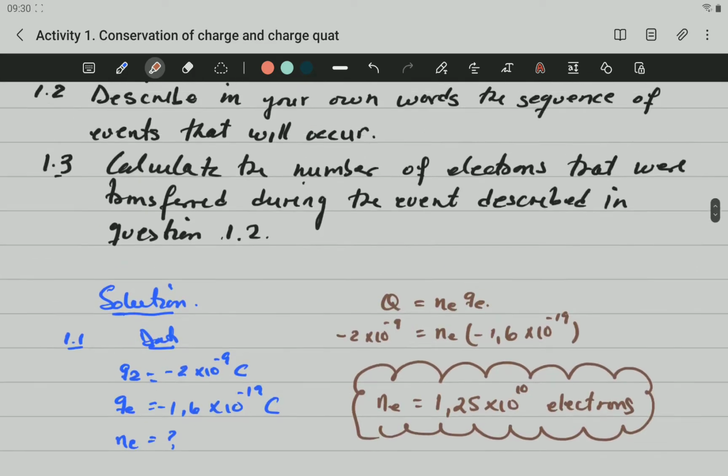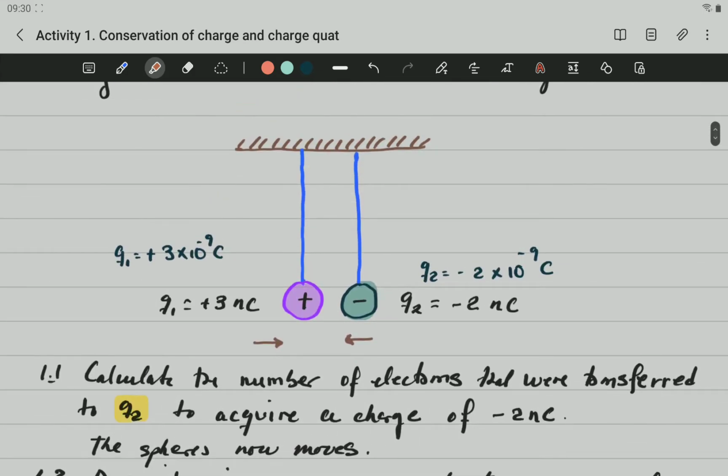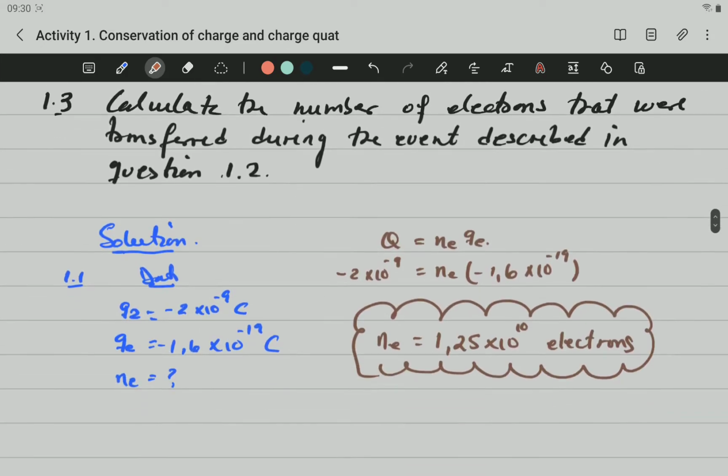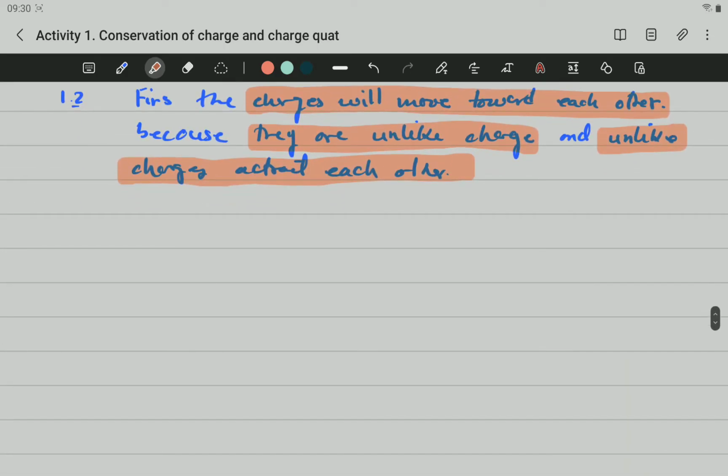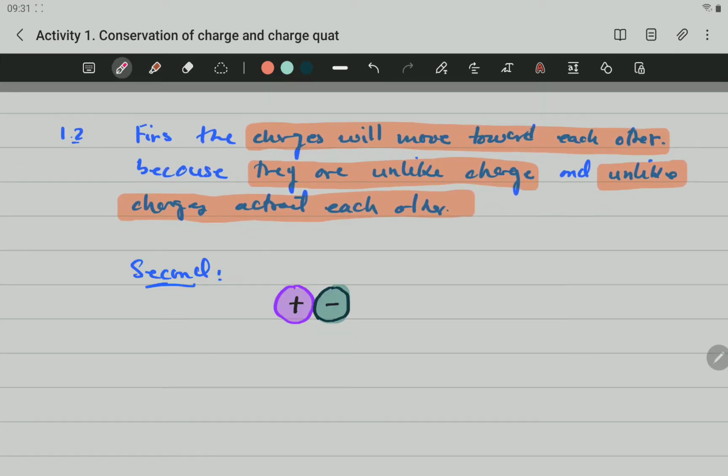Second, what is going to happen when the spheres are touching each other? Electrons are going to transfer from one sphere to the other. The two spheres are touching each other, and electrons are going to move from the negative to the positive.